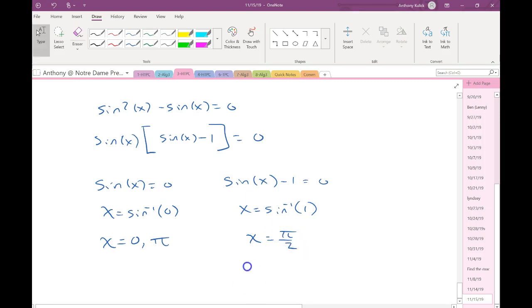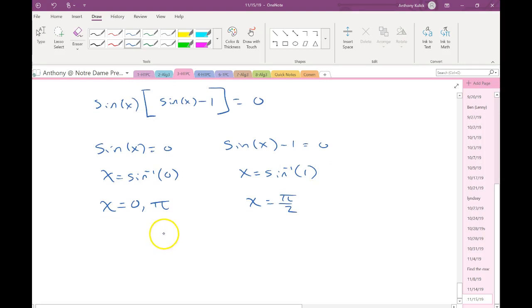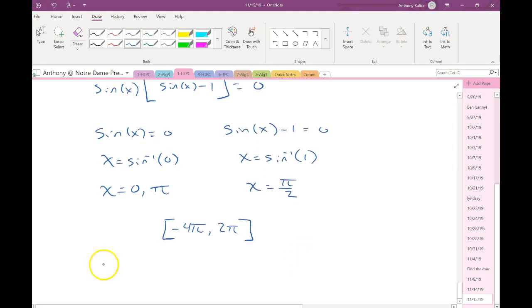But remember, this is not going to be my answer. Why not? That's the interval I'm solving over. Well, these guys are definitely all in that solution set. Is there anything coterminal to 0 that should be in that solution set?